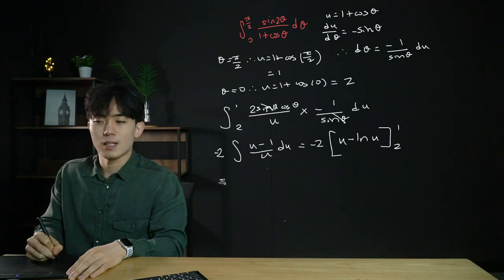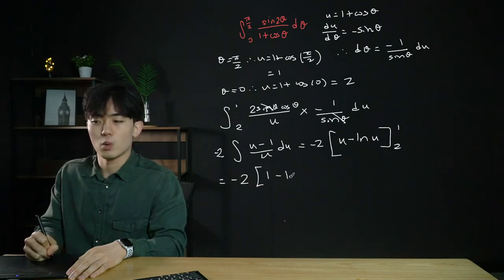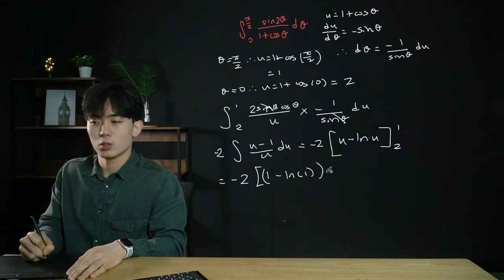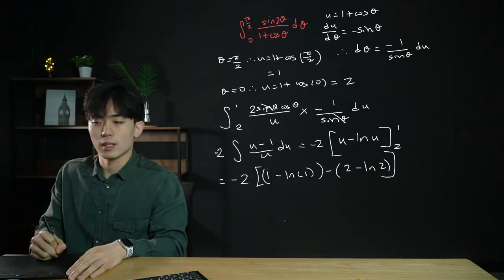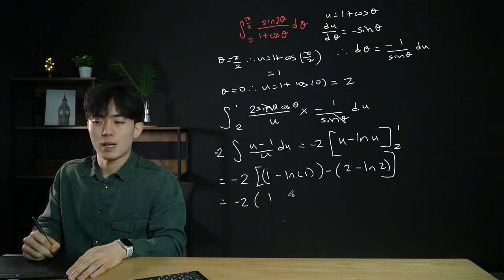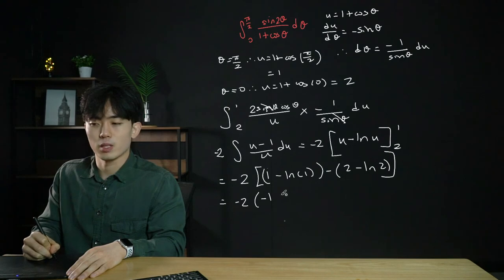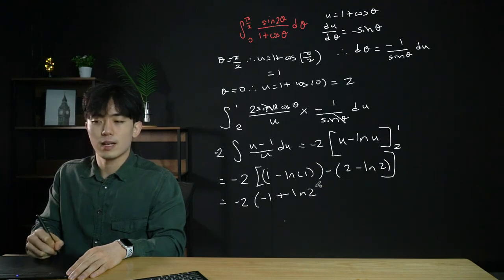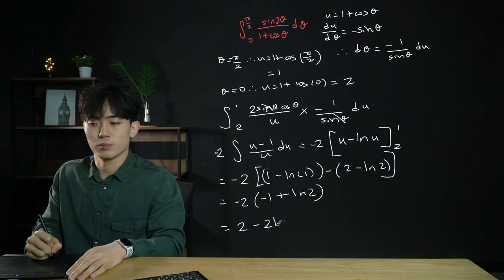I can now just replace the limits, so minus 2, we have 1 minus ln 1, take away 2 minus ln 2. Ln 1 is just 0, right? So it's 1 minus 2, so we're going to have negative 1. Minus ln 2 will give us a positive ln 2. Then multiplying by this negative 2 outside, we're going to have 2 minus 2 ln 2.